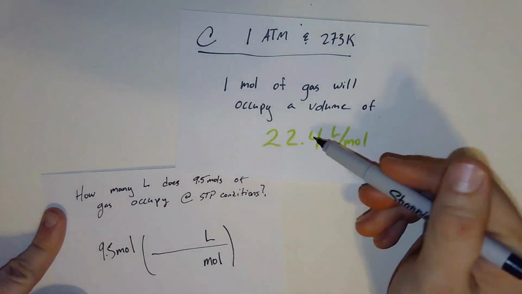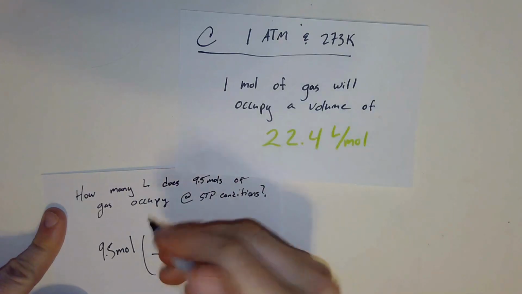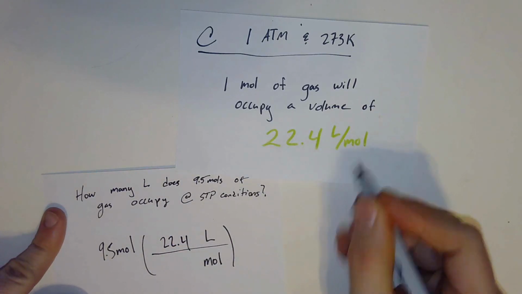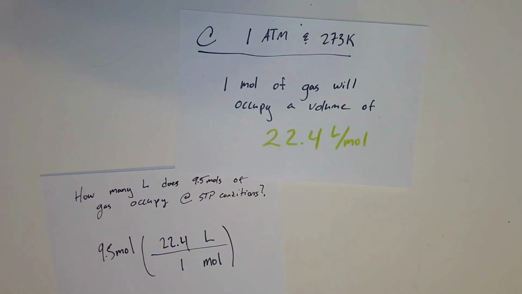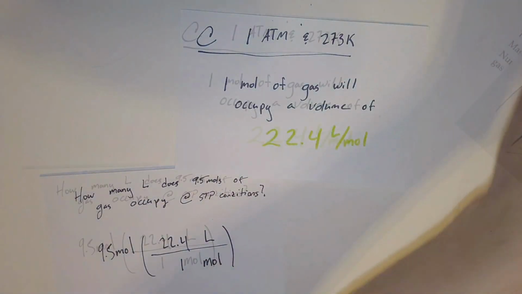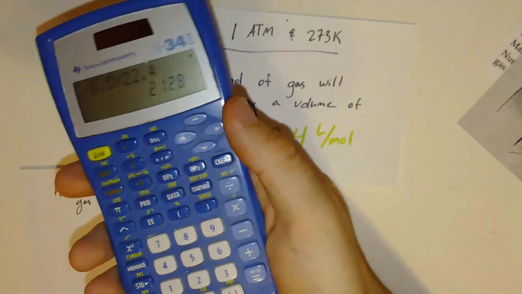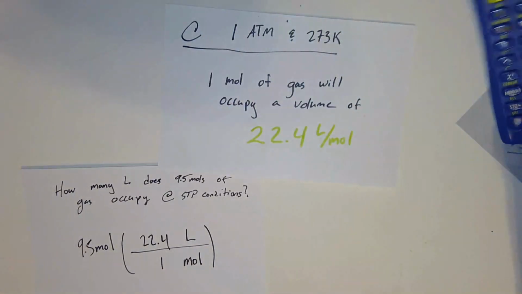So let's see. I've got a conversion factor here, right? I know there are 22.4 liters per mole, per 1 mole. Hey, look at that. It's not a bad problem to set up. So I type that into my TI-34 here, and out comes 212.8.